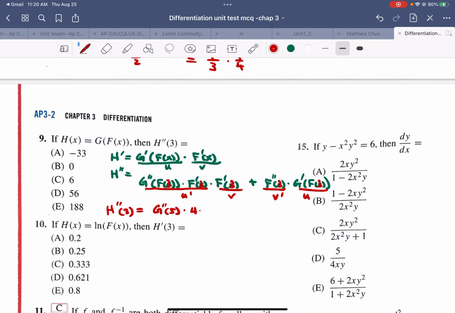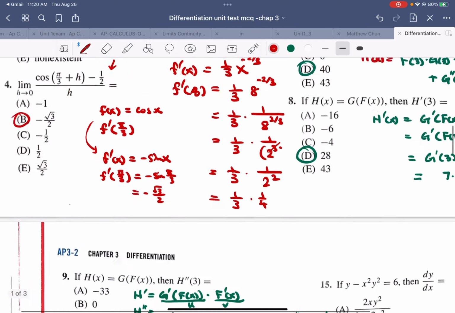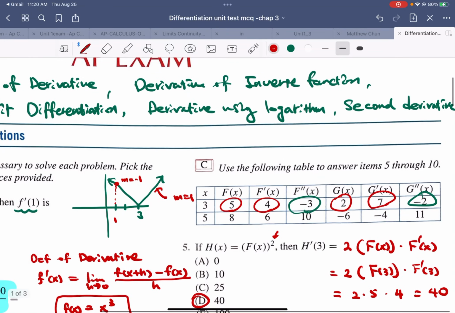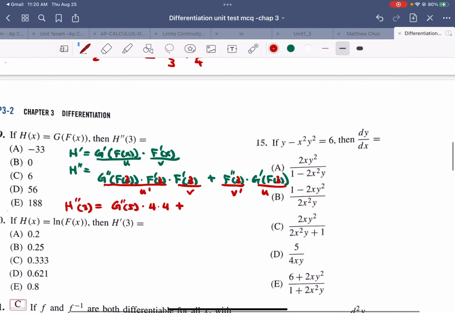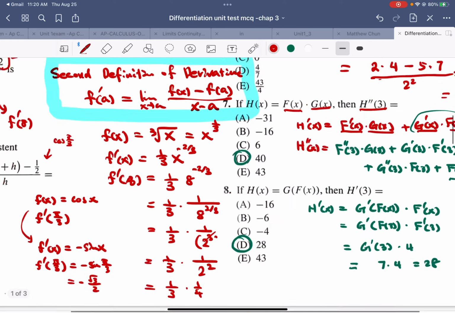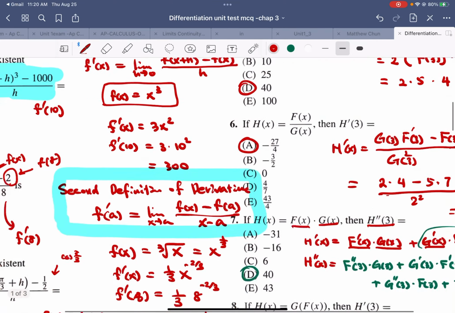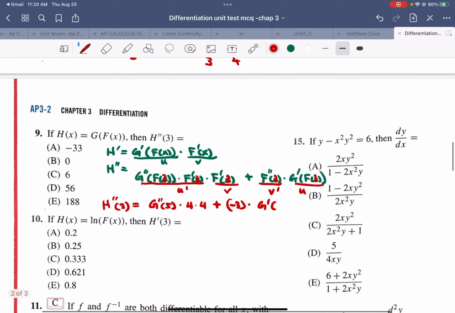So 4 times 4 plus f double prime of 3, which is -3. So -3 times g prime of f of 3, which was 5. Okay, like that.